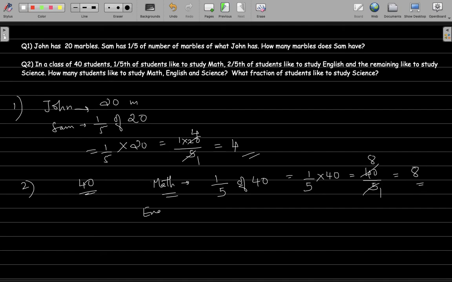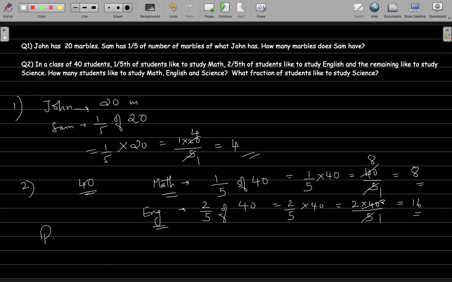Those who like to study English are 2/5 of the 40 students. That means it is 2 by 5 of 40, or 2 times 40 by 5. 5 times 8, 2 into 8 is 16, so you get 16 here. So the number of students who like to study English are 16.